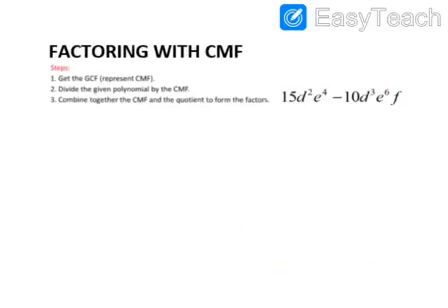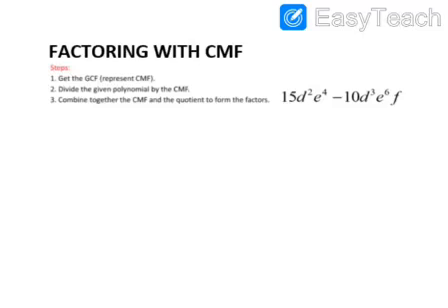Last example. 15d squared e to the 4th minus 10d cubed e to the 6th f. So again, since our terms consist of both numerical coefficients and variables, we will get the GCF of each numerical coefficient and variables.